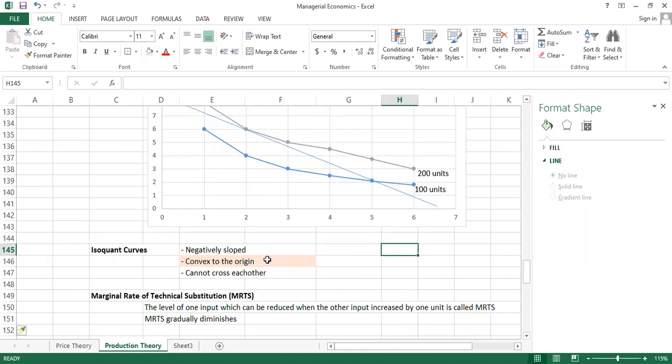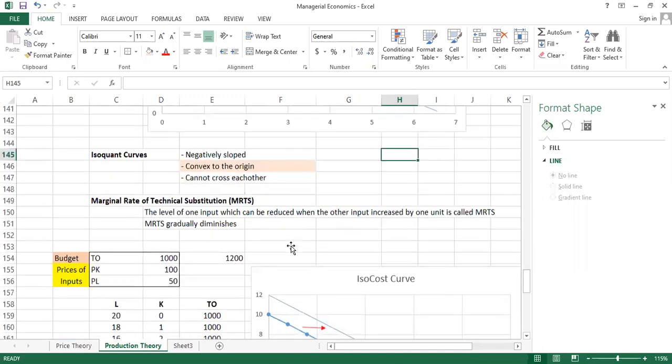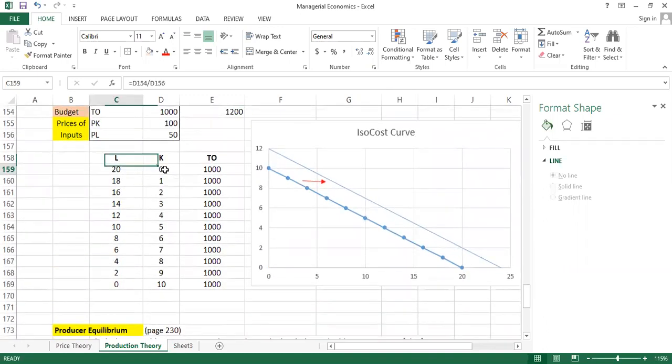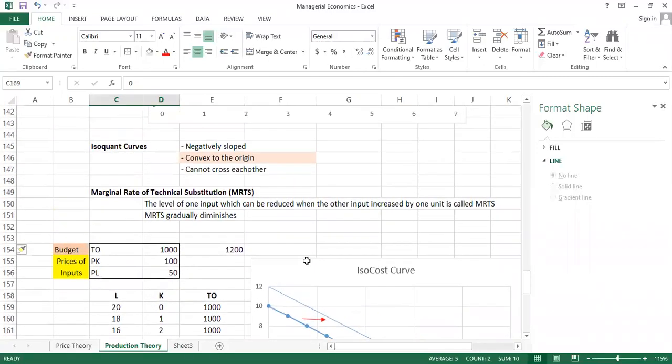Theoretically we can put together combinations like using only labor, but these may not be practical. This is one possible combination which can be purchased subject to the total outlay, but it is not practical, because there should be a minimum level of capital and a minimum level of labor. Perfectly correct, this is the point you mentioned.